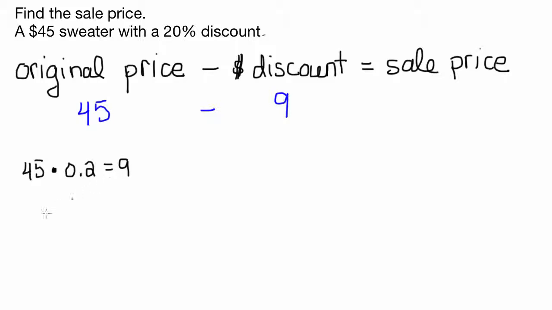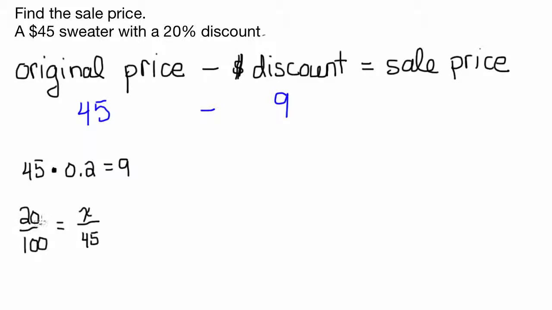Okay, but some of you might like ratios. You might say, I really like using ratios, that helps me understand. So another way to do that is to use a ratio by saying, okay, 20% or 20 over 100, that's a way to illustrate 20%, equals what over 45? So 20 is to 100 as what is to 45. You can call this x, for example.